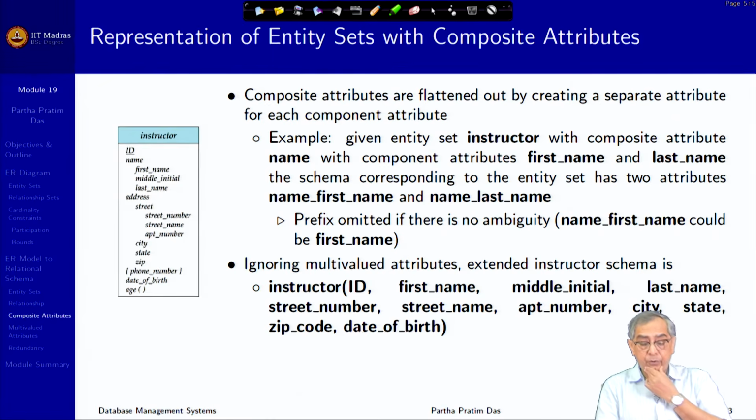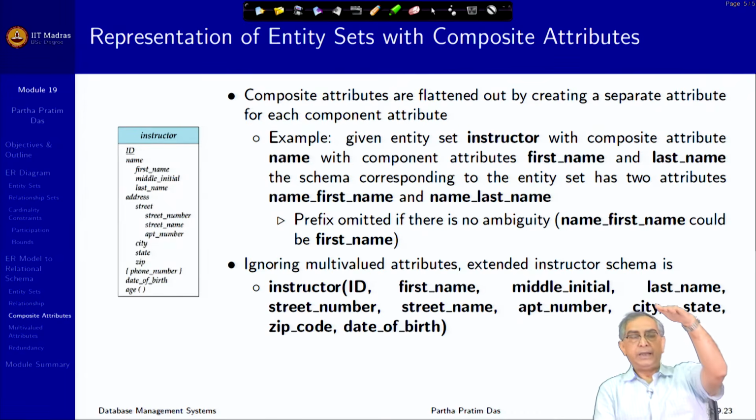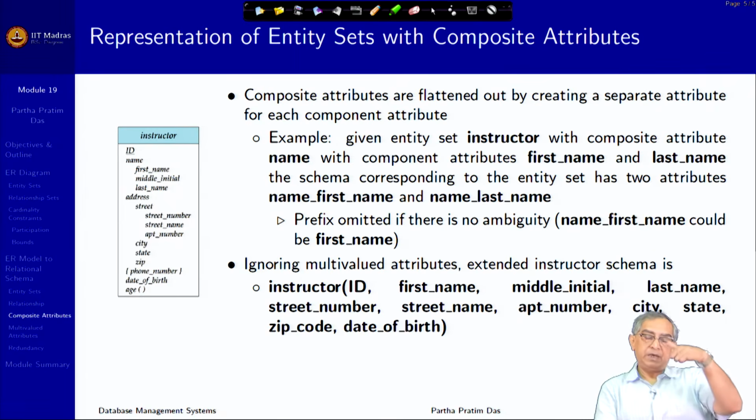The other approach, which in some cases will be used, is that in case of a composite attribute, you will not represent the attribute here, rather you will represent it as a separate entity. You will make an entity set for address, or say an entity set for name, and then these become simple attributes.